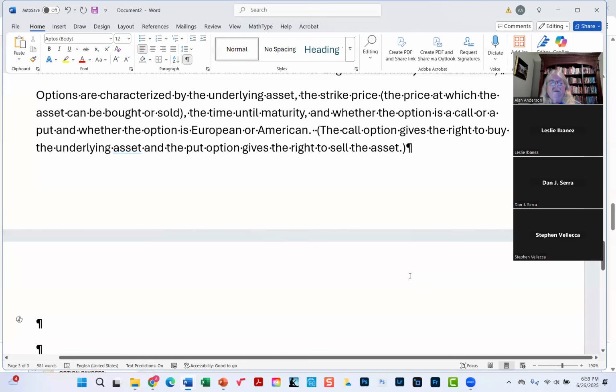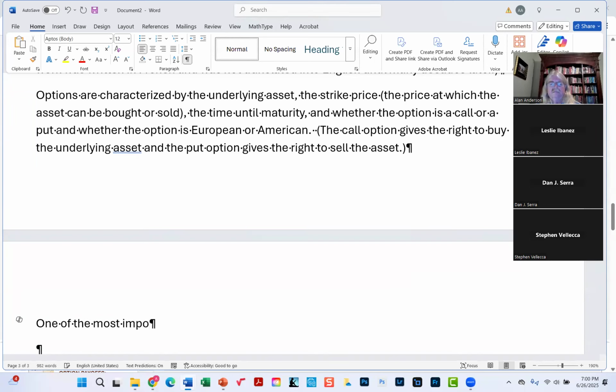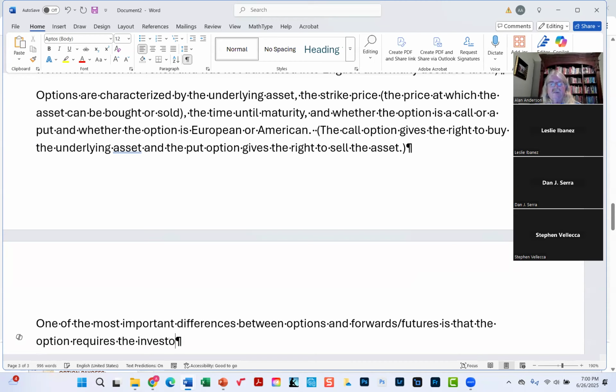So the price. Now, one of the big differences between options and forwards and futures is that the option requires the investor to pay a premium or price.